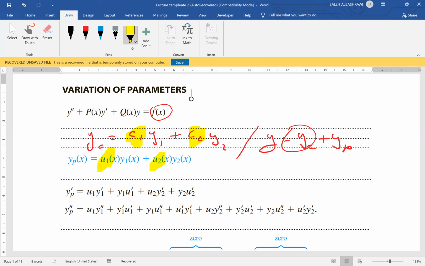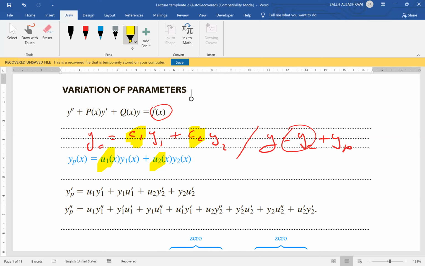So by this, let's find the Wronskian. The Wronskian has y1 equals e to the power minus x, whose derivative is minus e to the power minus x, and y2 equals e to the power minus 2x, whose derivative is minus 2 e to the power minus 2x.